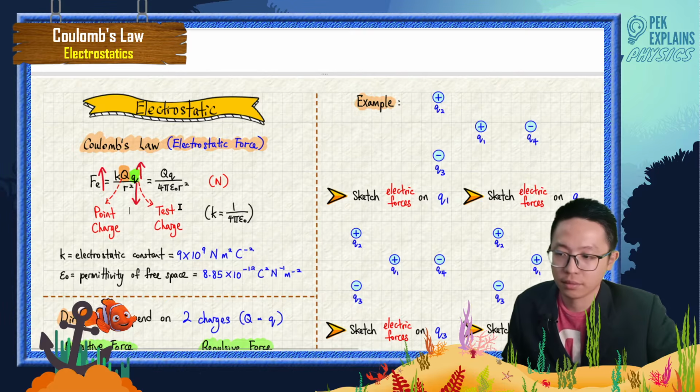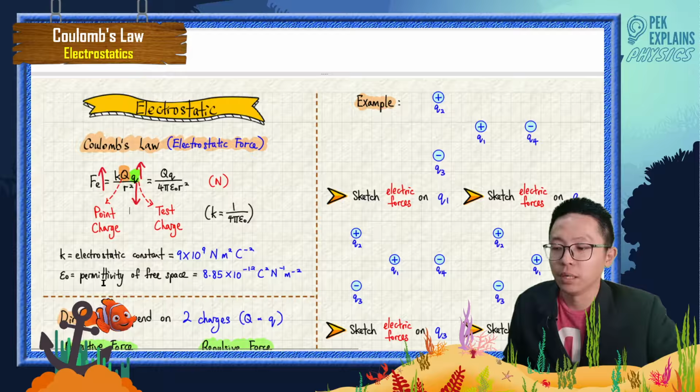How do you get this unit? You rearrange the formula, put the k in front and the other variables on the other side, and then you can get the unit for k. And what is epsilon naught? Epsilon naught is called the permittivity of free space. You must be careful: k and epsilon naught are two different constants.